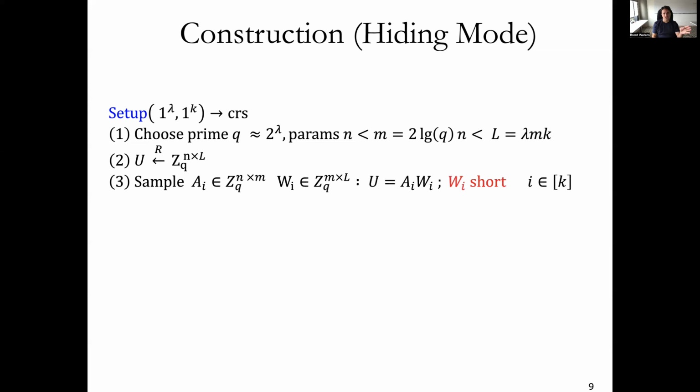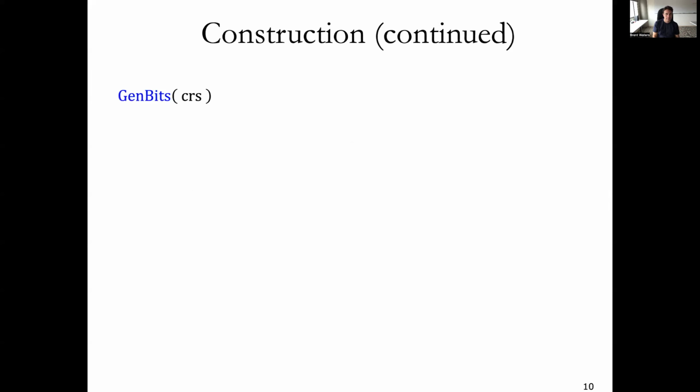And then finally, for each I from 1 to k, we're going to sample pairs AI and WI, pairs of matrices, such that AI times WI is equal to U. But what's important is that we sample them where the entries of WI are small or short entries. Okay, and then finally, we're going to choose vectors V for all output bits, where VI would be just chosen randomly in ZQ to the M. Okay, so that's that for the hiding setup.